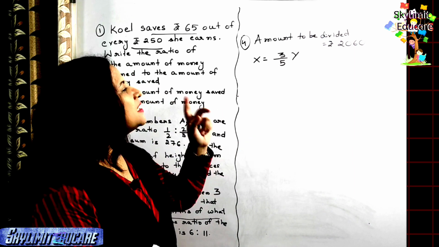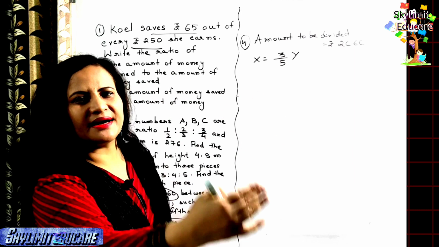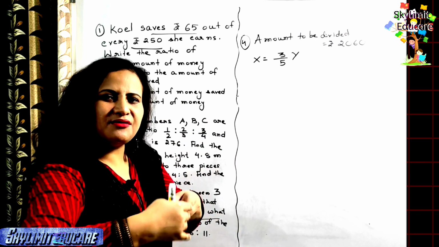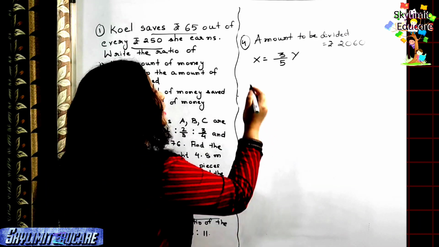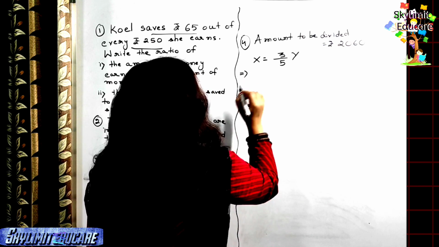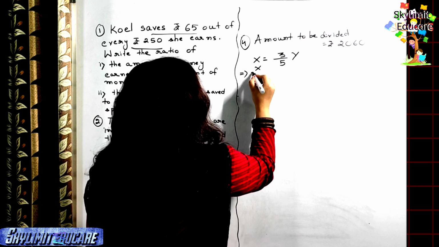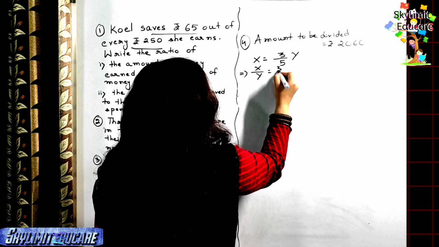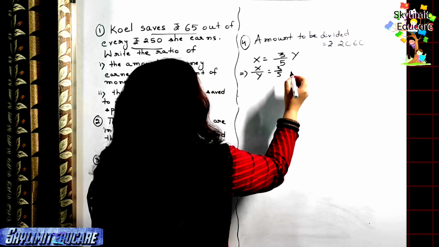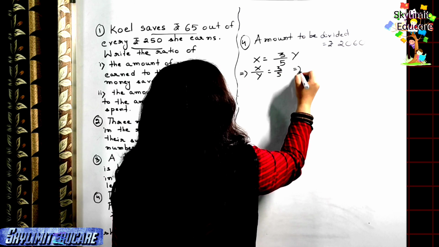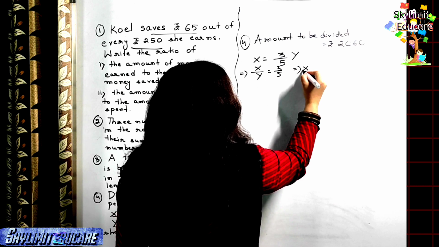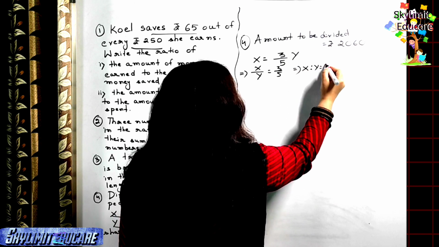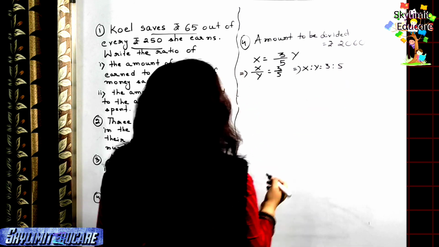So X receives 3/5 of whatever is the share of Y. Okay, so we can just convert it to a ratio. We can bring this Y here, so it becomes X by Y is equal to 3/5, right? So that means we can represent it as X is to Y is 3/5, isn't it?